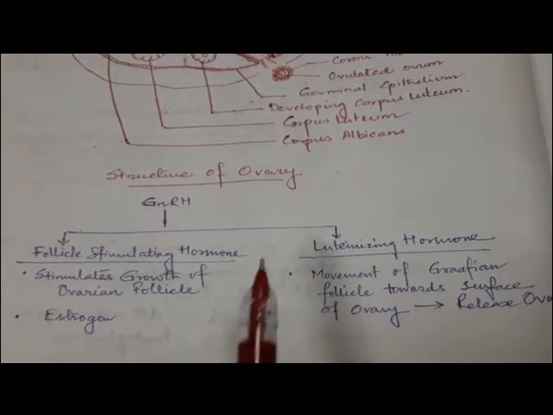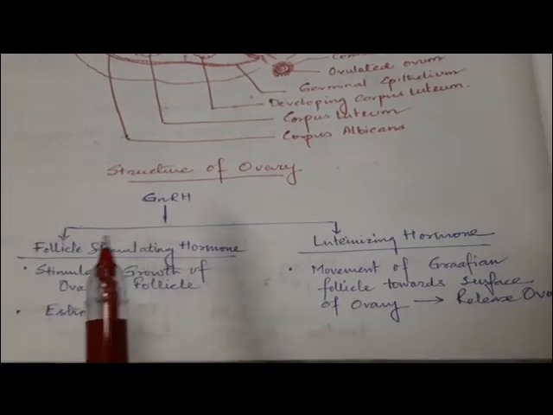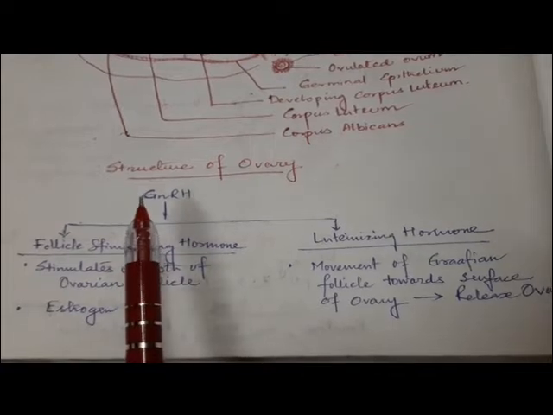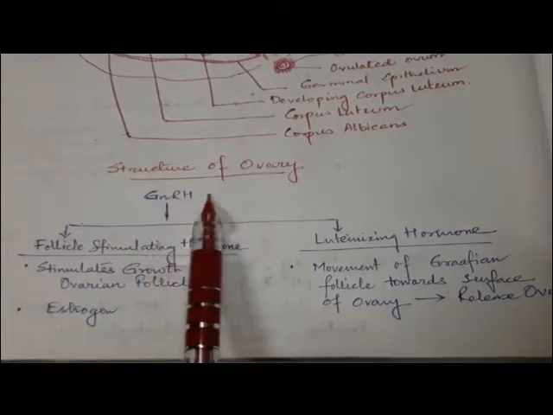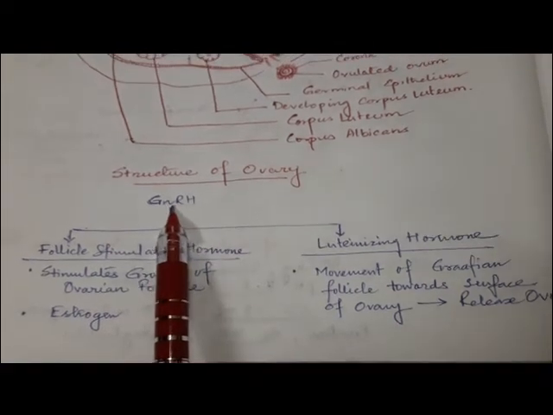If we come to the part of hormones that are involved, again like that of spermatogenesis, here also hormones are involved, and it is seen that gonadotropin releasing hormone, right? Here this gonadotropin releasing hormone gets released from the hypothalamus.